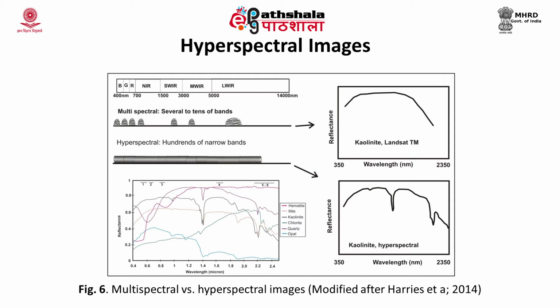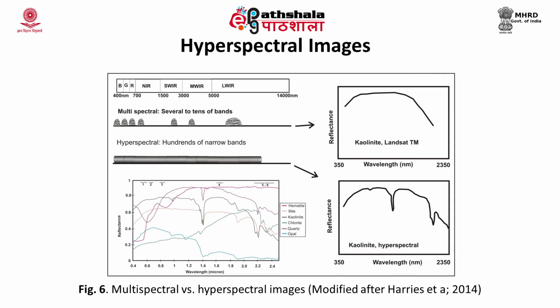So, here you have several to tens of bands. For example, if you take kaolinite in Landsat TM and compare it with the hyperspectral image, you can see that Landsat TM gives a very simple curve, but in the hyperspectral, for narrow bands, the reflectance is different. So, we can very clearly see those changes in the different minerals, and it will be helpful to discriminate different minerals.